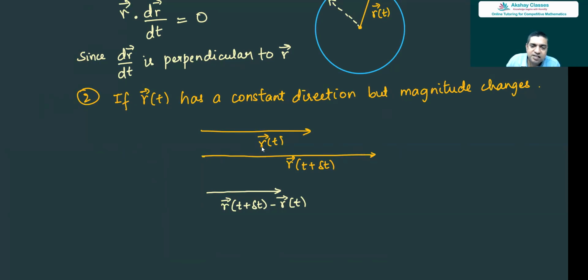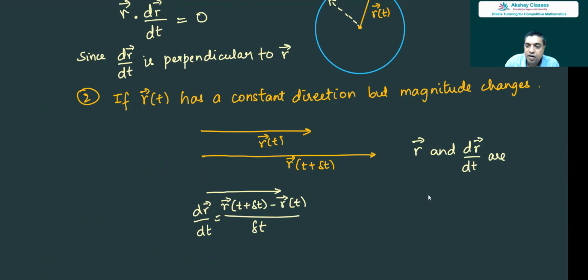So the derivative, the difference divided by delta t, will be dr by dt. So r bar and dr by dt are parallel.